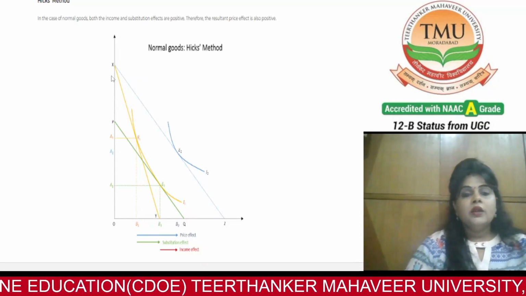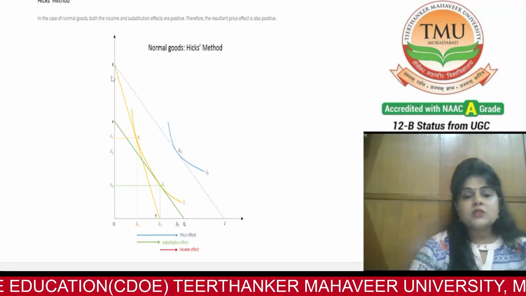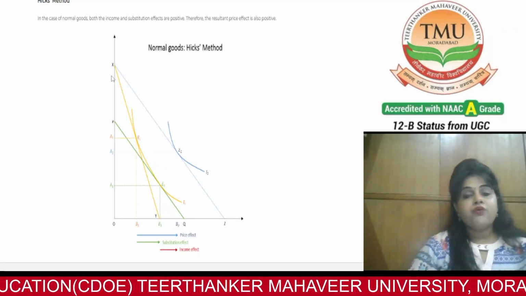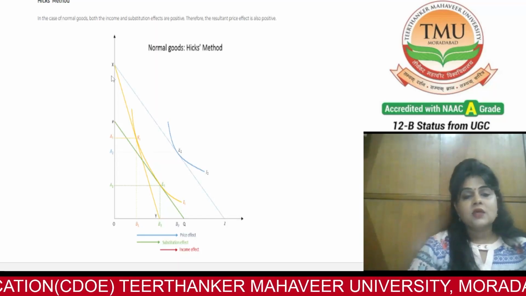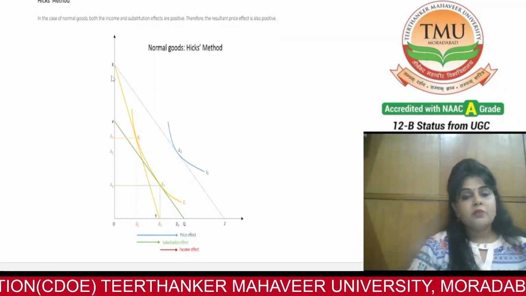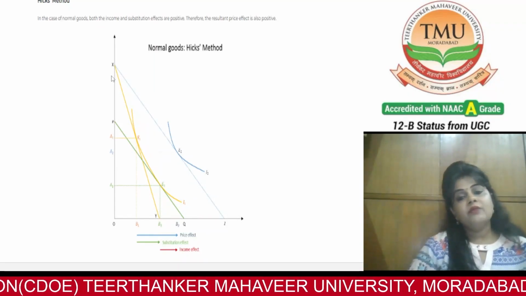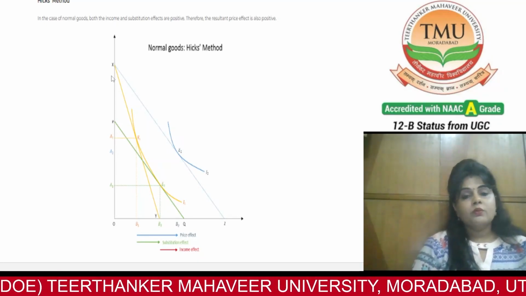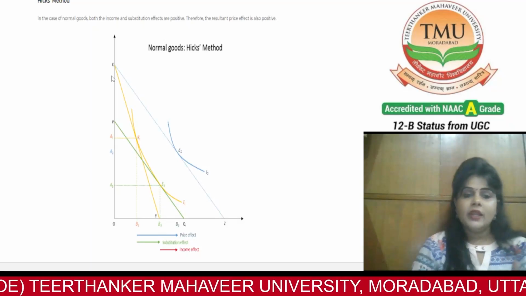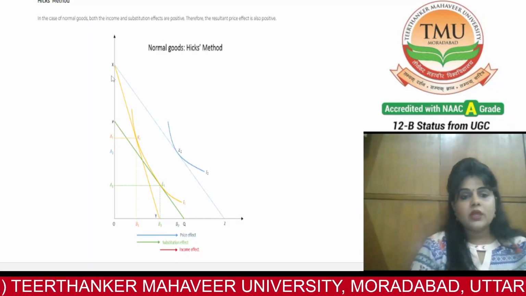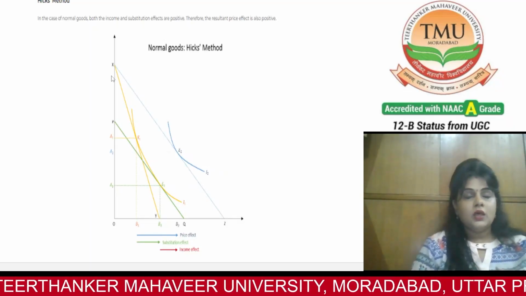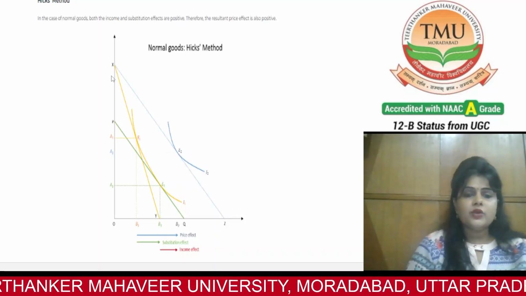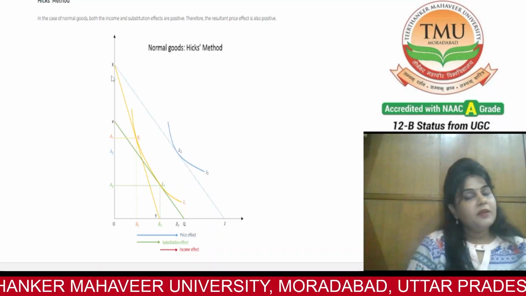To decompose the price effect, the increase in real income due to a fall in the price of X must be offset, eliminating the income effect. To do this, the money income is reduced and the real income stays the same.